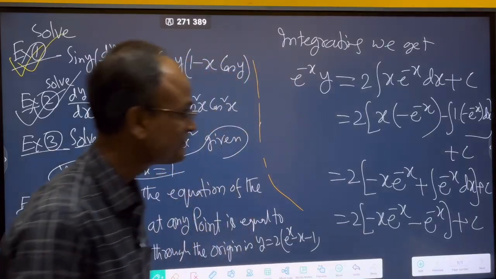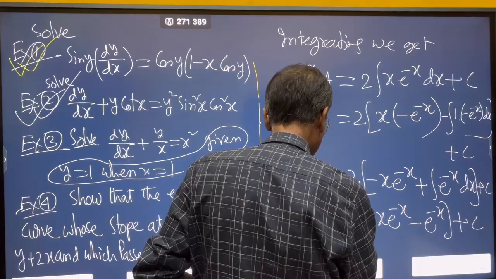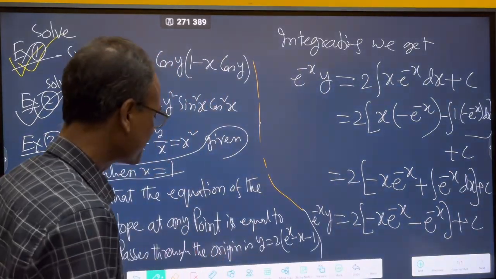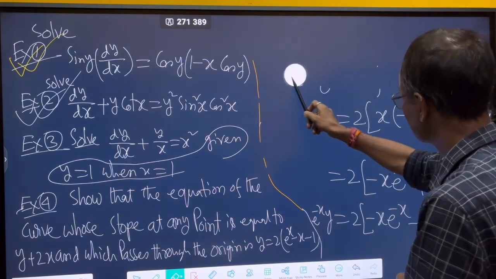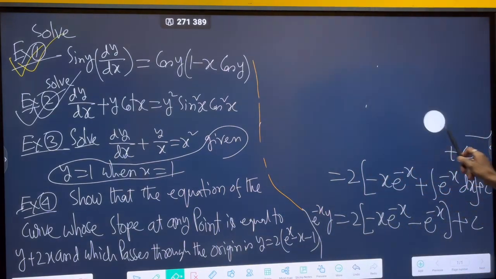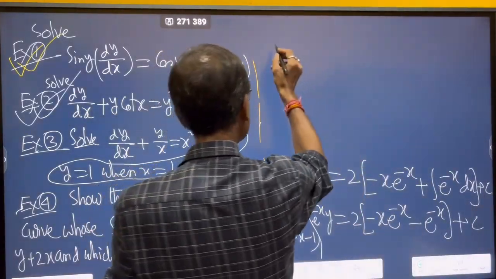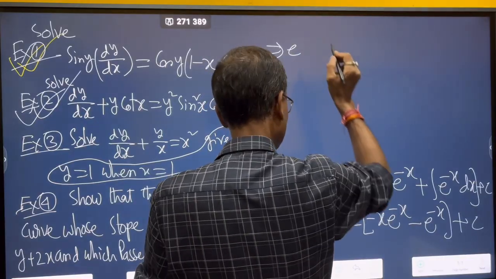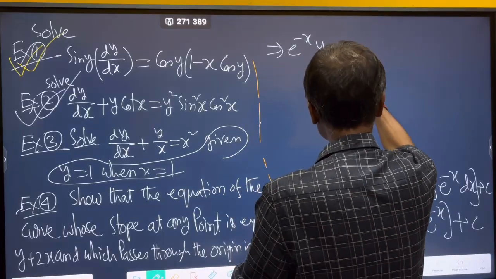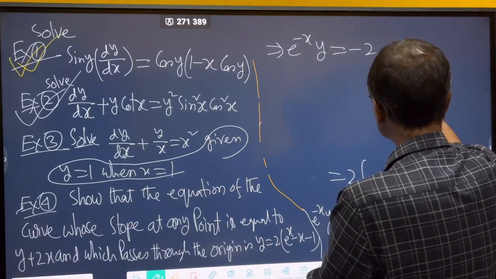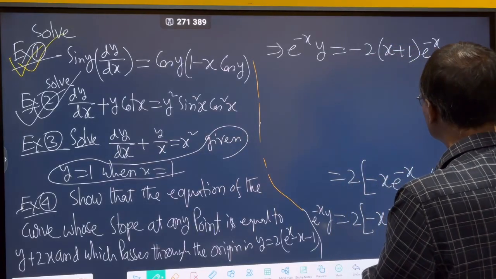You may write like this. And what is this? e to the power minus x into y is equal to this. So e to the power minus x into y equals minus 2 times x plus 1 into e to the power minus x, plus c.